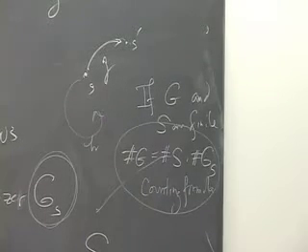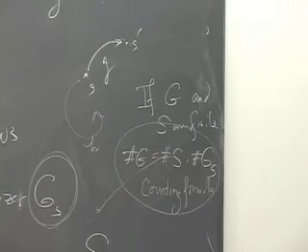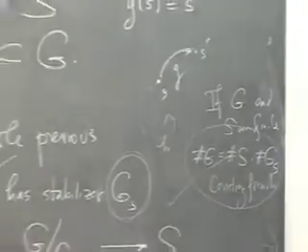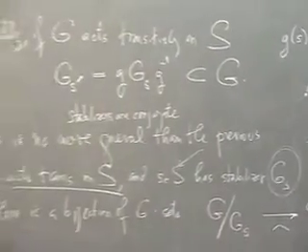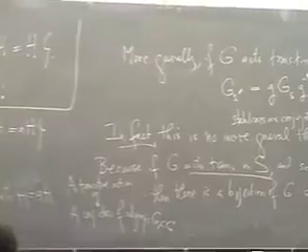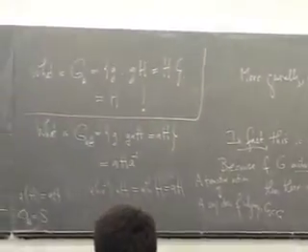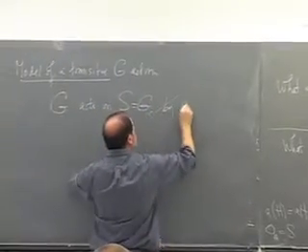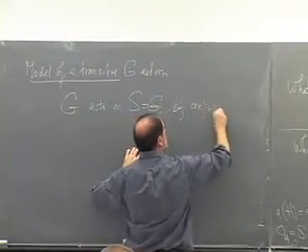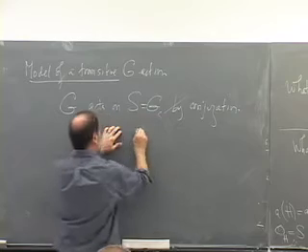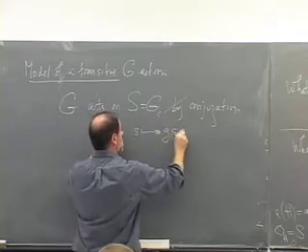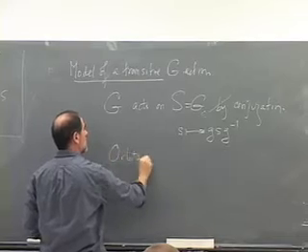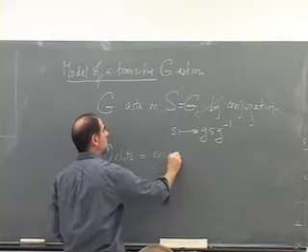So, as I say, this left translation is a stupid action, but we could have G act on itself as an example of an interesting action where we're going to do all kinds of counting formulas. G acts on S equal to G by conjugation. Namely, s goes to gsg inverse. Here the orbits are the conjugacy classes.